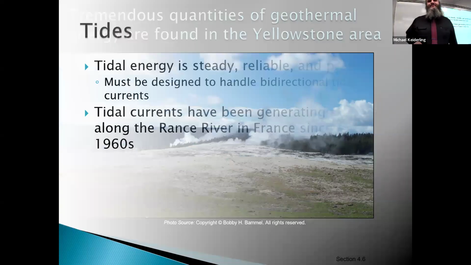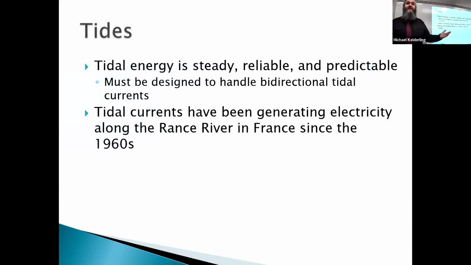So yeah. Now, tidal energy is steady, reliable, and predictable. But to tap it, you need to design your thing to handle the fact that the tides are bidirectional. You have to generate energy from water flowing one way and the other way. Tidal currents have been generating electricity along the Rance River in France since the 1960s.